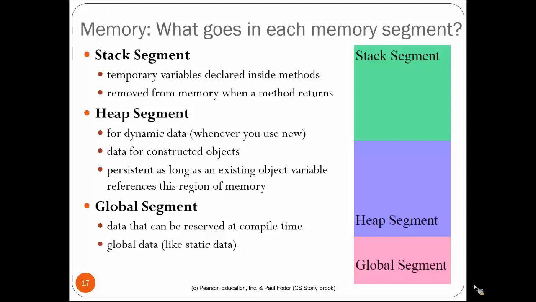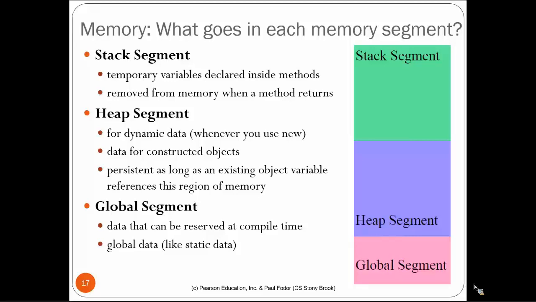The heap segment is used for dynamic data, basically every time you are using the new operator. They contain objects that are stored permanently in the main memory. They are not deleted when you exit from methods.